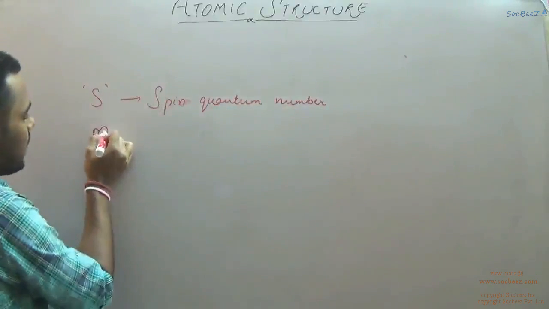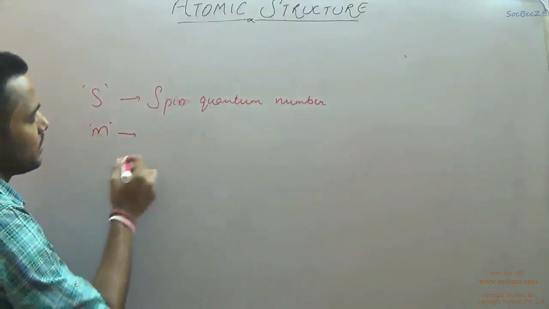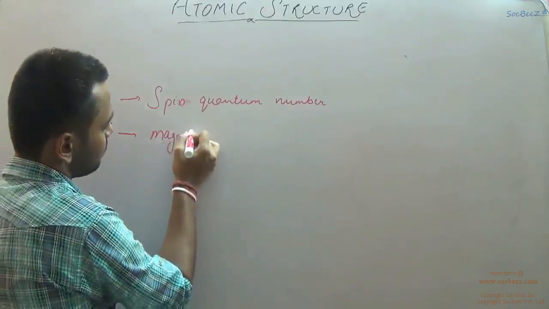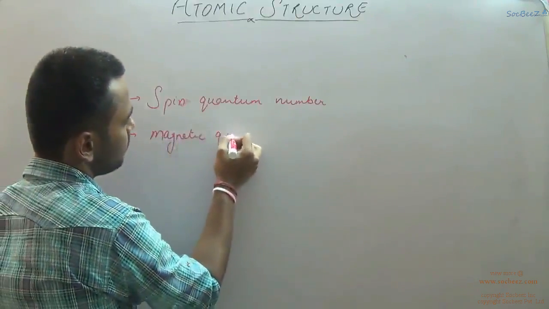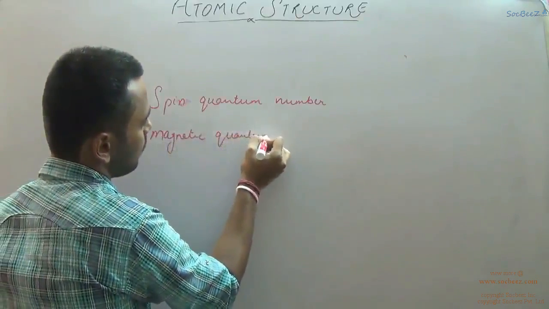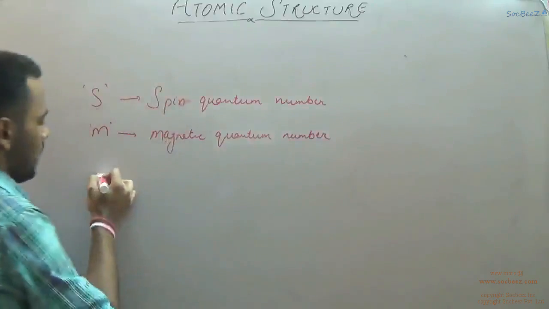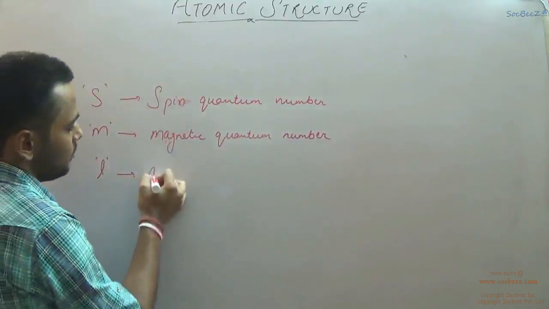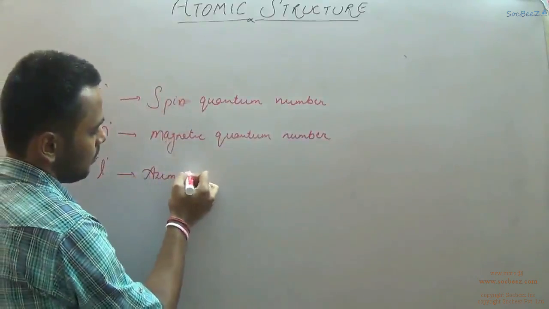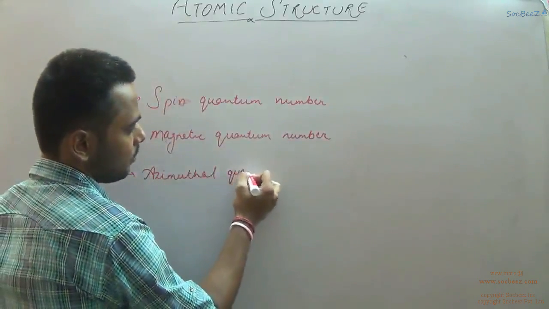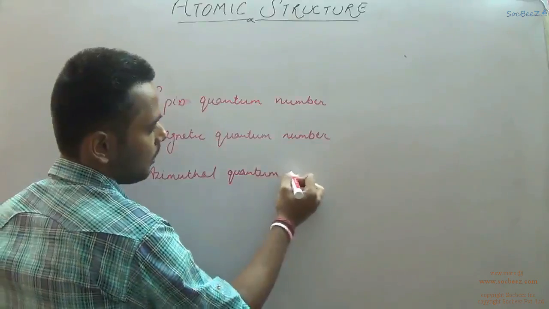There is M, which is called the magnetic quantum number. There is L, which is called the azimuthal quantum number.